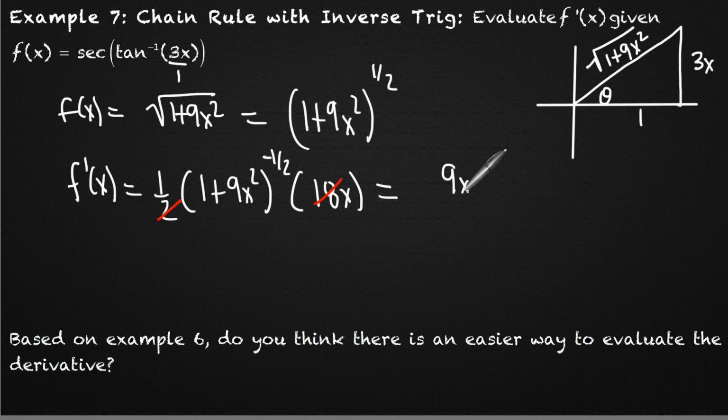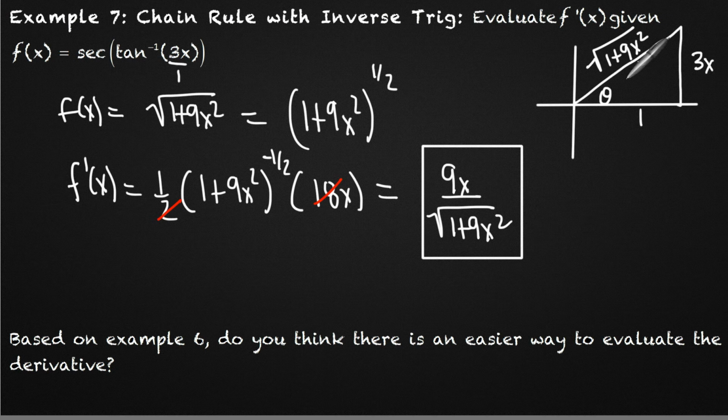So 9x over the square root of 1 plus 9x squared. And that is the beauty of being able to recognize that you can simplify these very complicated functions using inverse trig.